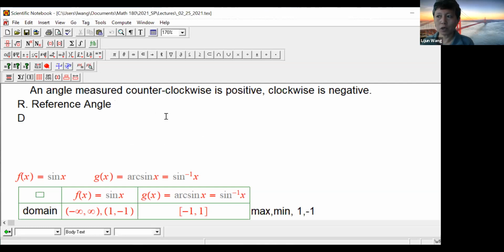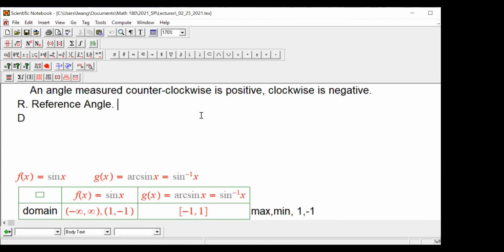R stands for reference angle. Can anybody tell me what a reference angle is? Jocelyn says ratio. Very good, we'll get to that. What is a reference angle? Could someone tell me?